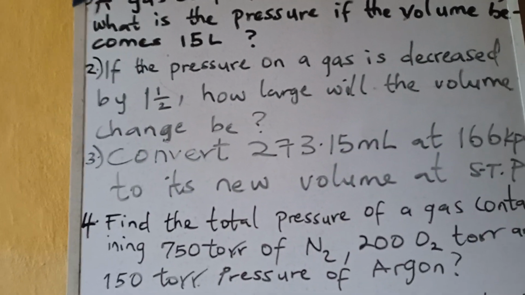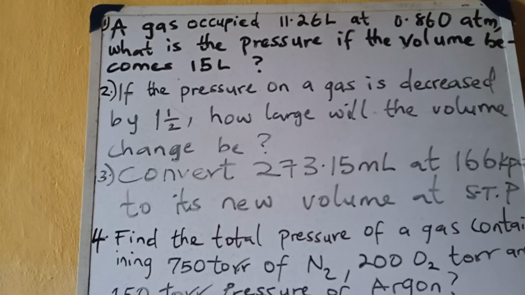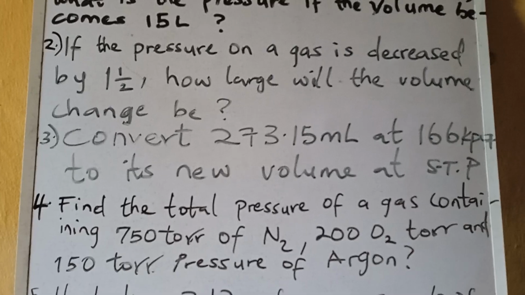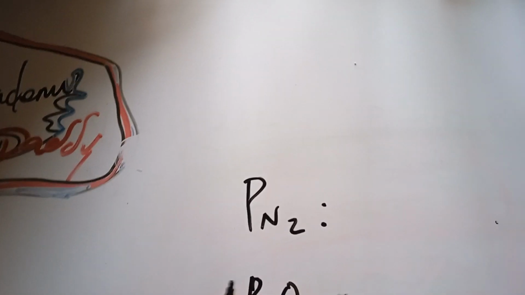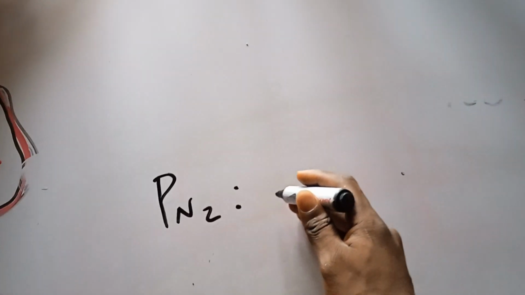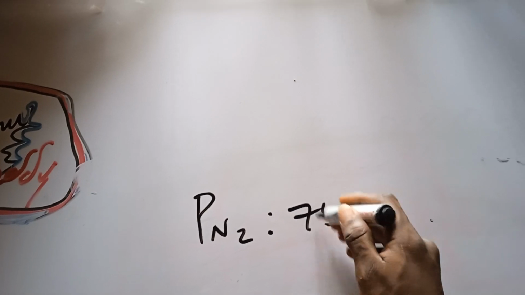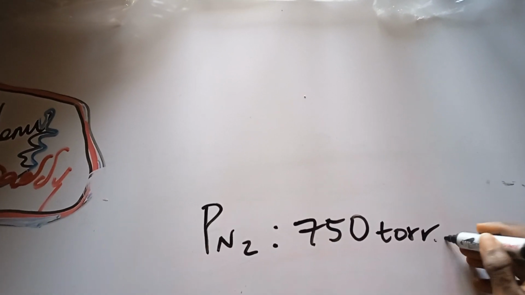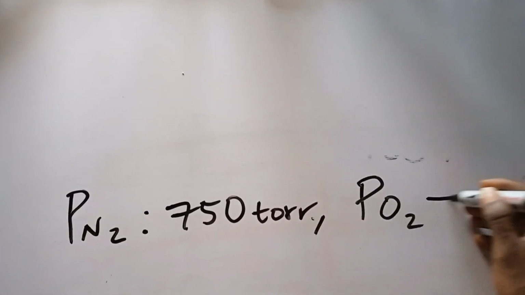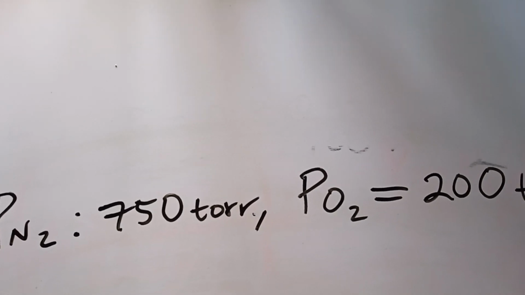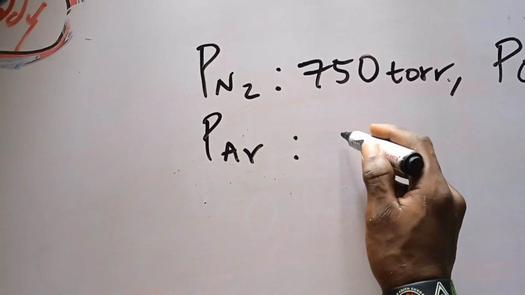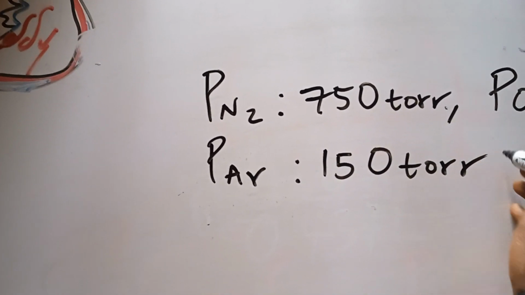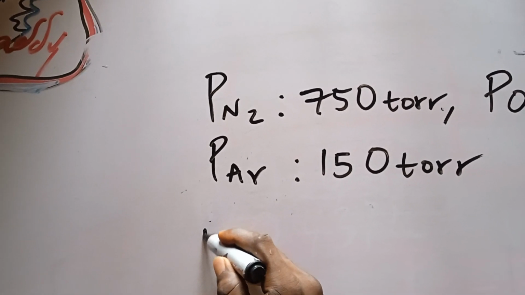So when I have a gas A, gas B, gas C, the total pressure will be the sum of A, B, C. Since the pressure is in torr, let's leave it in torr.